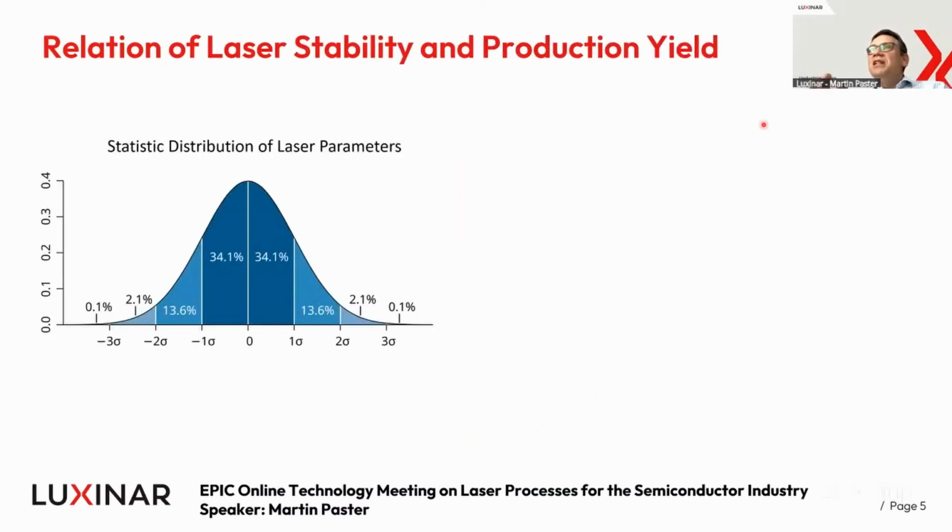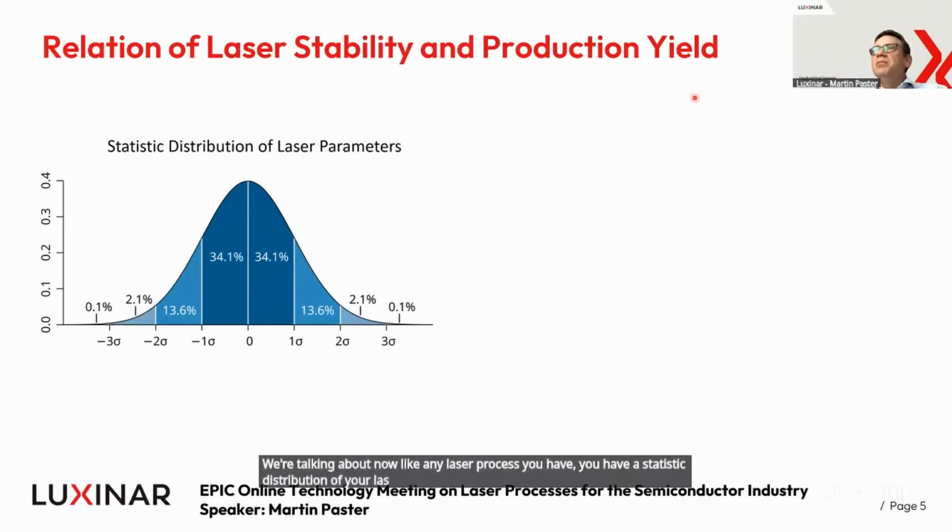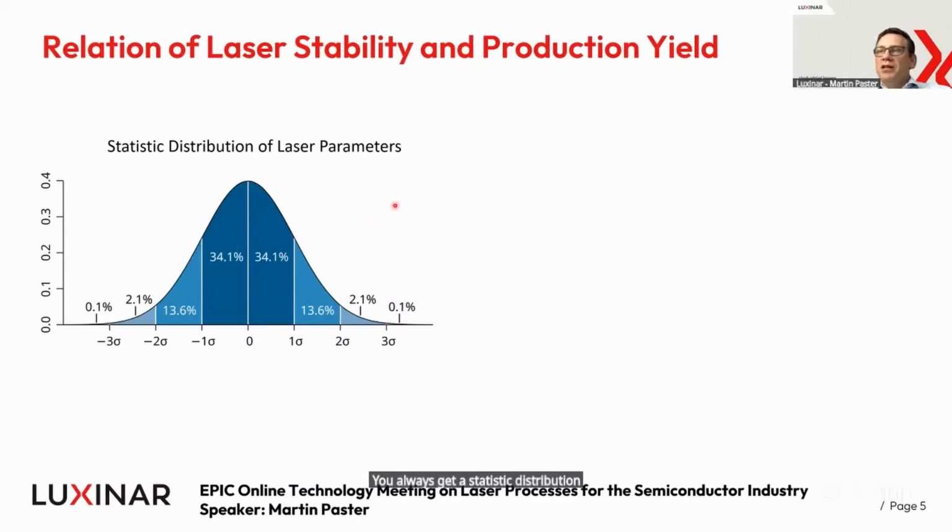To make you a little bit more aware why I'm always talking so much about yield: like in any laser process, you have a statistical distribution of your laser parameter, be it energy, be it pulse-to-pulse stability, be it the timing between the two pulses. You always get a statistical distribution of your laser parameter.